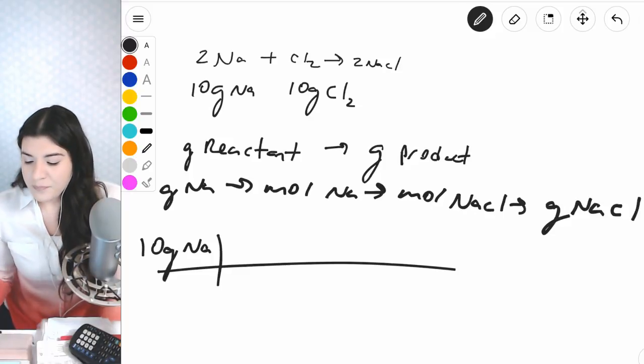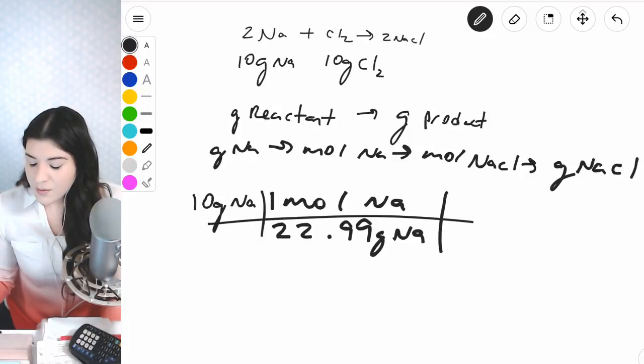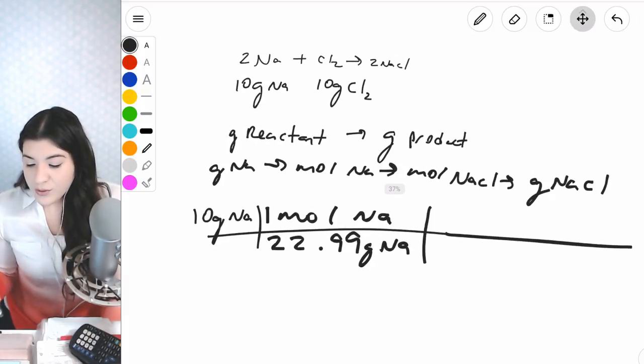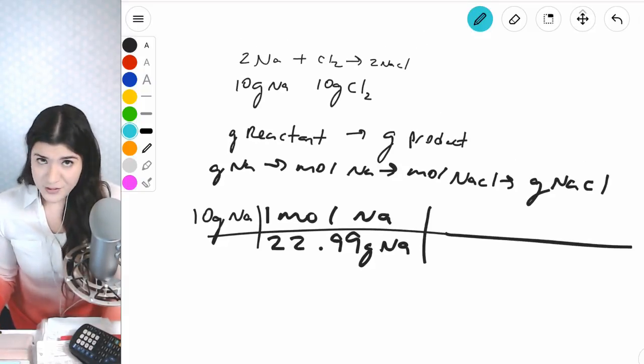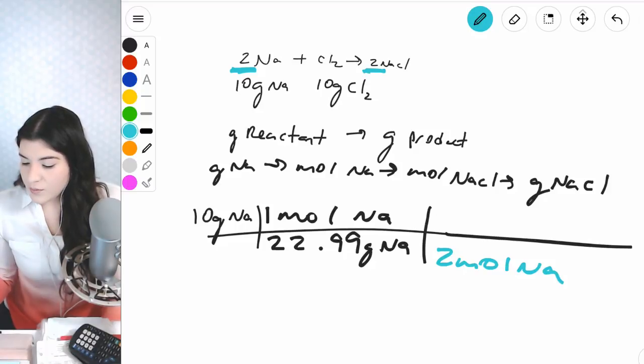Na has a molar mass of 22.99 grams per 1 mole. Then I'm going to use the mole-to-mole ratio from my balanced equation. There are 2 moles of Na for every 2 moles of NaCl.